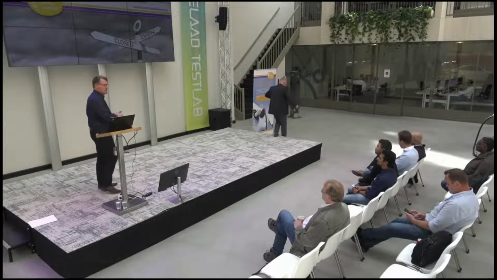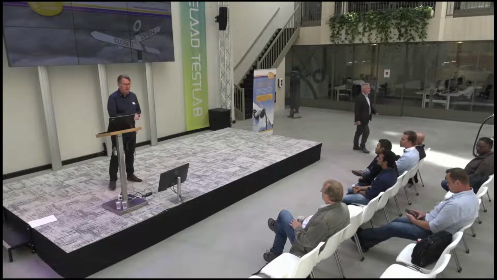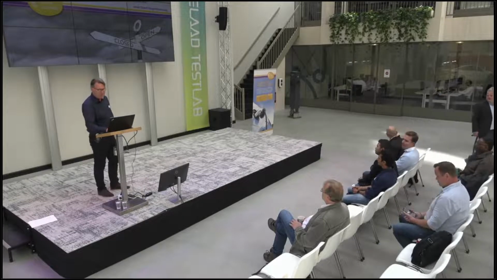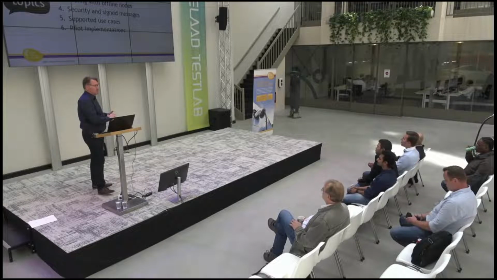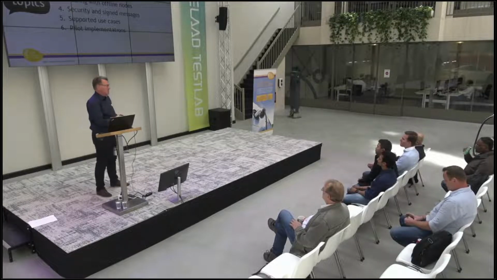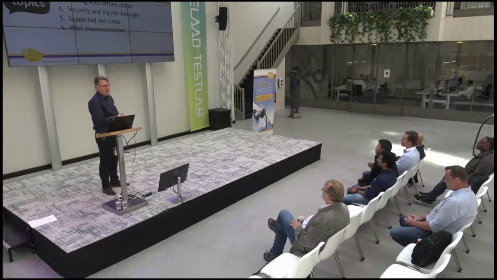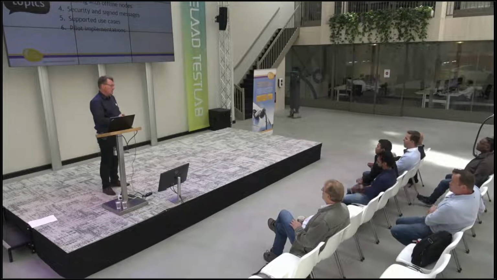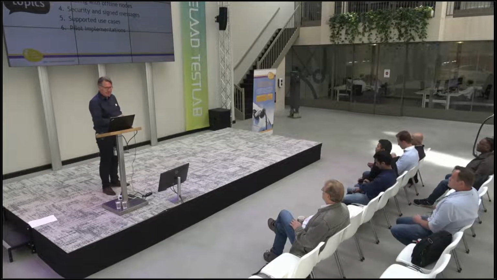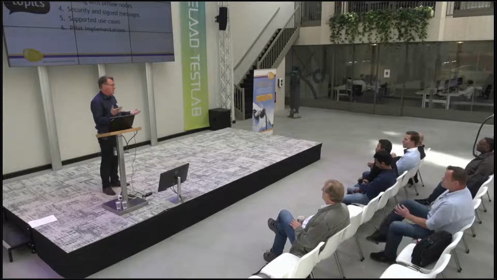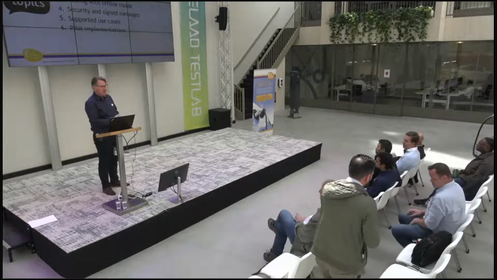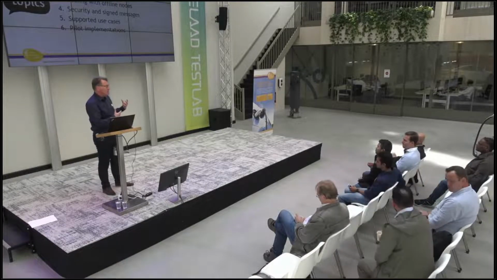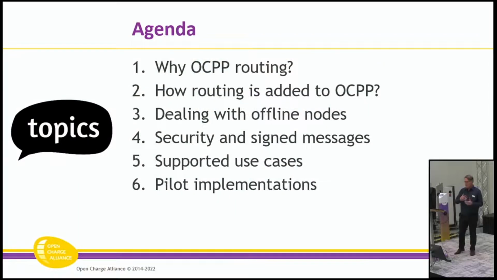Okay, so my next talk will be about the work we did in the networking task group. I will discuss why we thought we needed something like OCPP networking or routing, and how we can add routing to the existing OCPP specification. Then we had another issue with how to deal with offline nodes, because it becomes much more complicated if you're in a network.